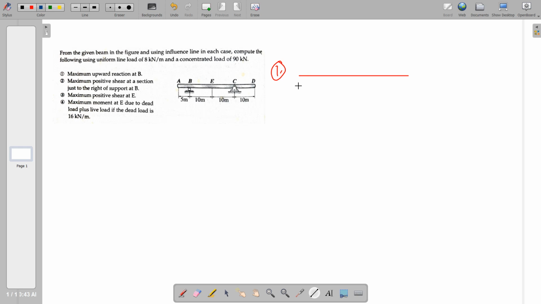So we indicate here the points, as well as the distances.